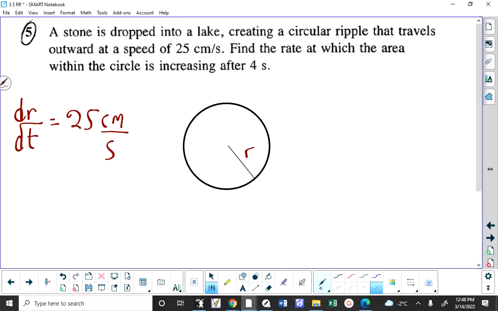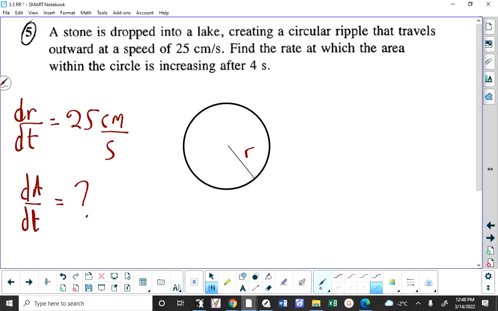I told you at the beginning of this as a summary from last week's topic on related rates that your first step is come up with an equation relating the variables whose rates of change you know, like dr/dt, and want to find. So when we finish reading the question, it says, what is the rate of change of the area?